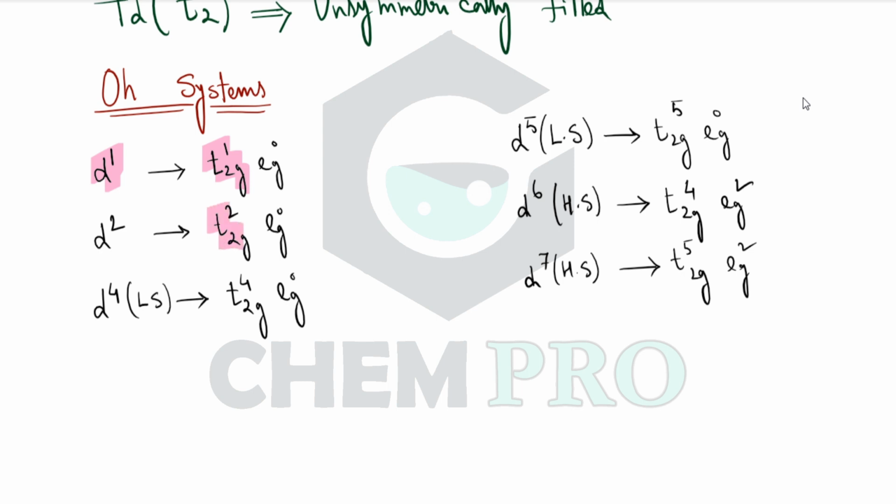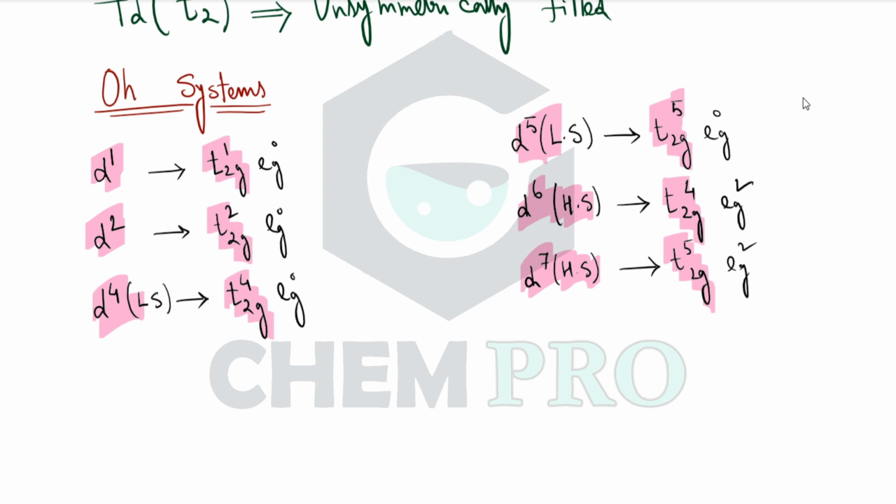For d2 it is t2g2, for d4 low spin it is t2g4, for d5 low spin it is t2g5, for d6 high spin it is t2g4, and for d7 high spin it is t2g5. For all these configurations, that is d1, d2, d4 low spin, d5 low spin, d6 high spin, and d7 high spin, this will be the case for the orbital contribution for an octahedral system.